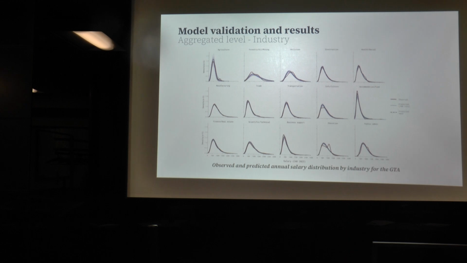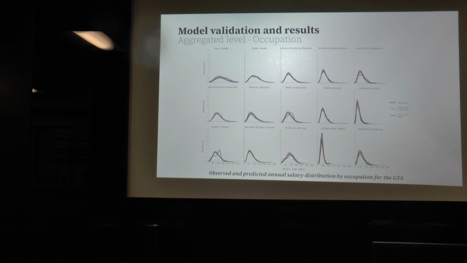We can see the same at the industry level. There are some industries where we are capturing the general behavior of the model, not the noise, which is good because we don't want to overfit our data. The same for occupation.